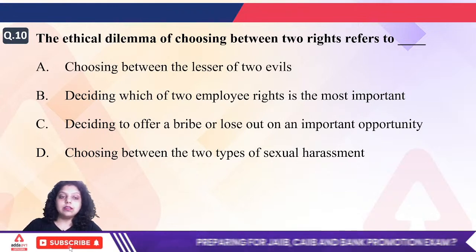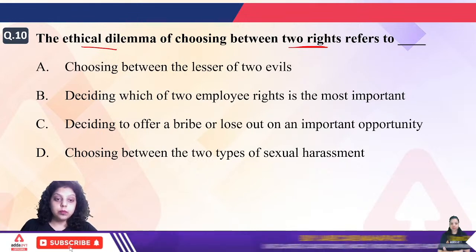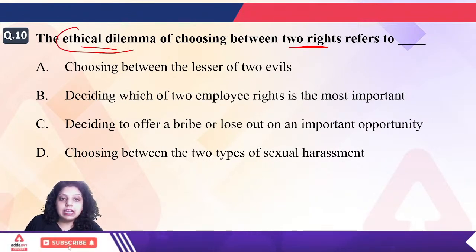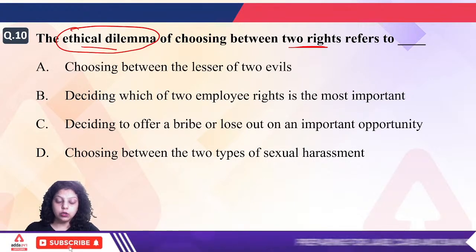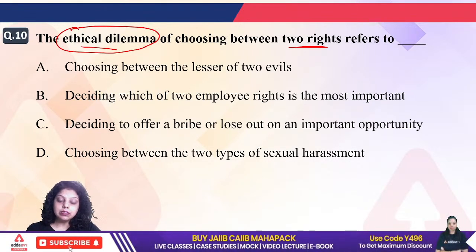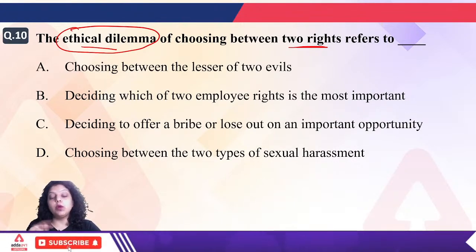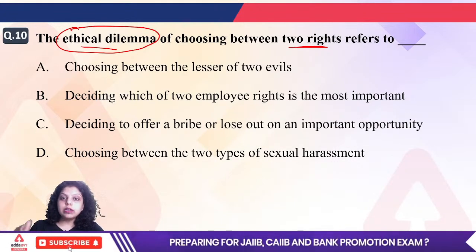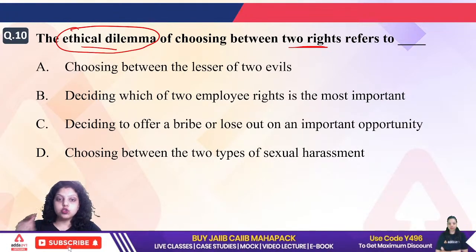Okay, now next is, the ethical dilemma of choosing between two rights refers to. When we are talking about the ethics module of your PPB, that is the last module, the E module, ethical dilemma is a term for a situation in which a person is not able to decide what to do because there are two right choices in front of the person and the person is confused about which should be taken.